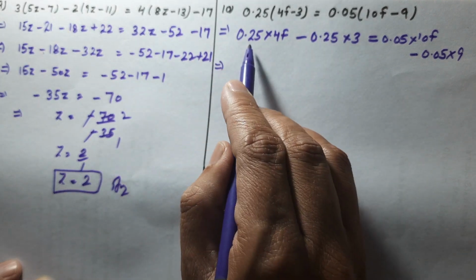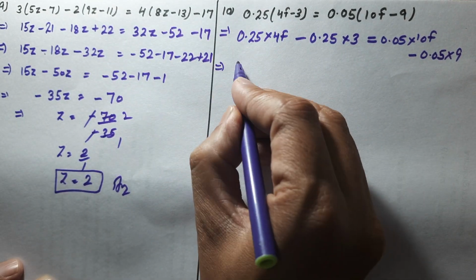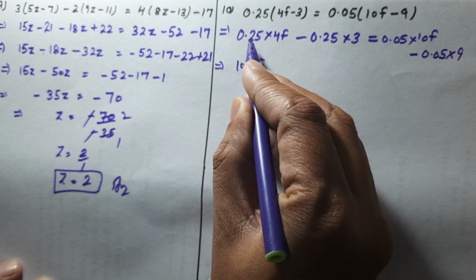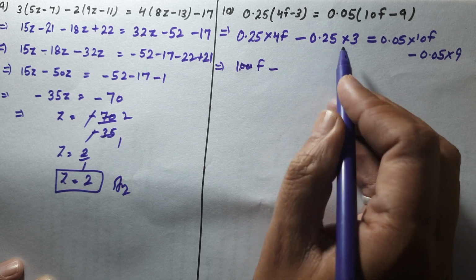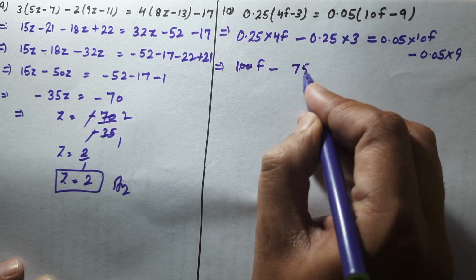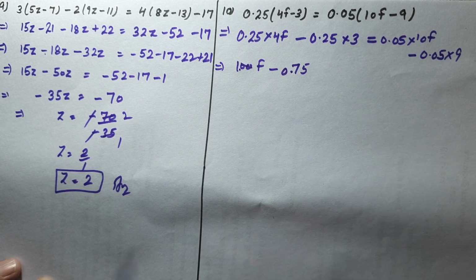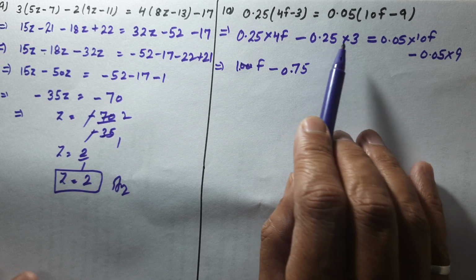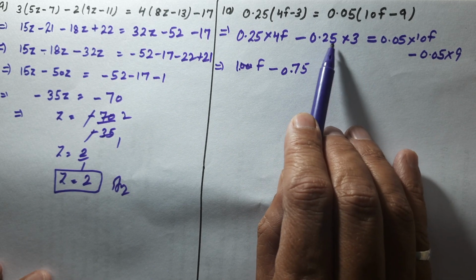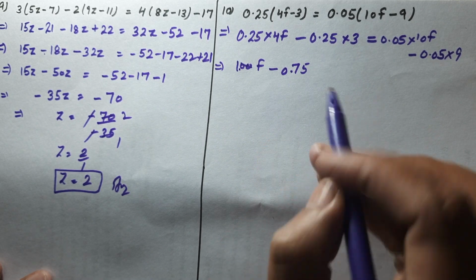Now solve. 25 into 4 is 100, but put the decimal after 2 places. So zeros cancelled. 25 into 3 is 75, but decimal after 2 places. You have to do the calculation so that it looks easy. Forget about the decimal. 25 into 3 is 75. Then the decimal after 2 places you can just substitute.